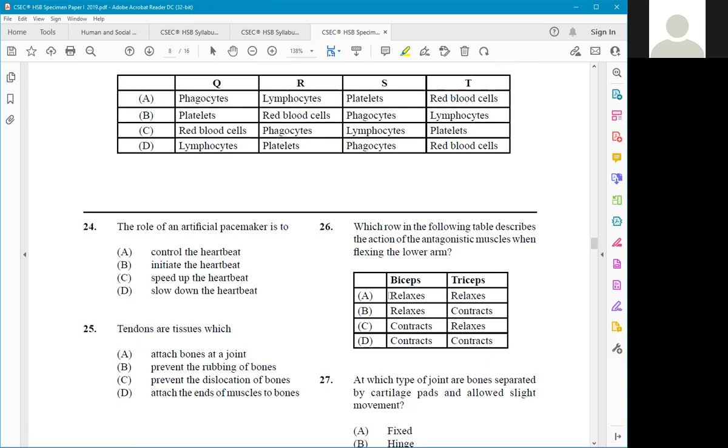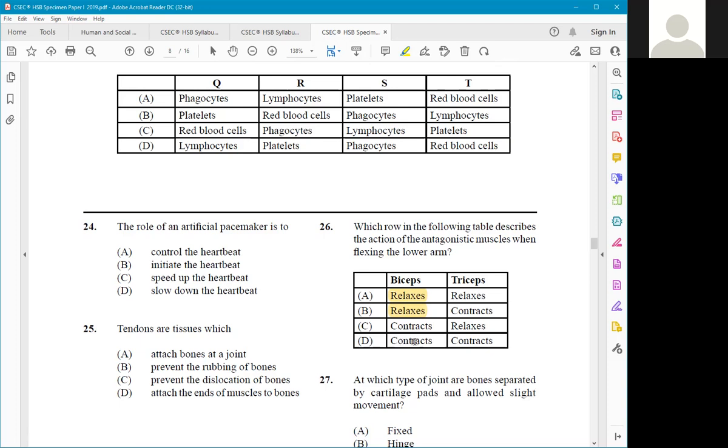A is out and B is out because the biceps have to contract. C is going to be our correct answer.